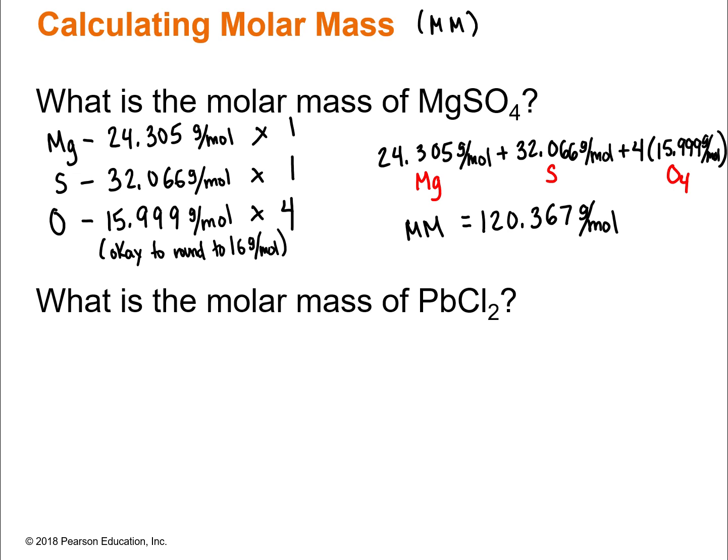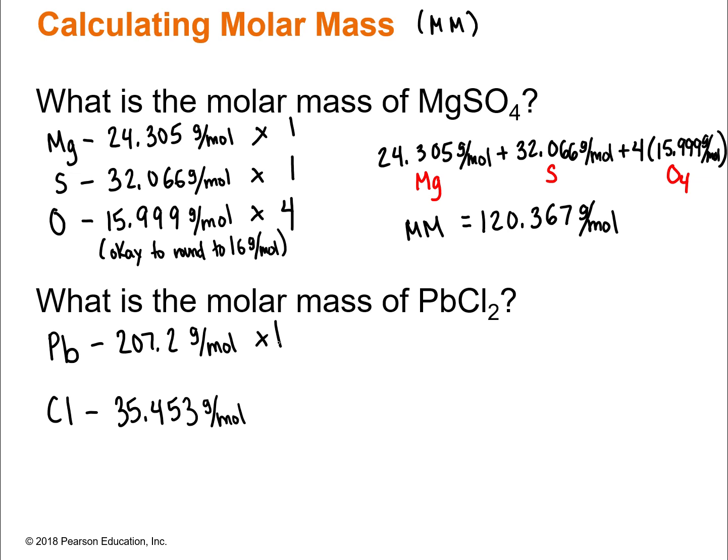All right, I'm seeing a couple of answers that look good, so I'm going to show how we get there. In this compound, we've got 2 elements, lead and chlorine. When you look those up, lead is kind of heavy, 207.2 grams per mole. And chlorine, not so much, 35.453 grams per mole.